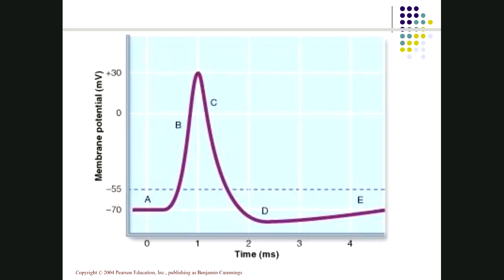So here's another little quiz-like thing. A, B, C, D, E. So which one of these is depolarization? Is it A, B, C, D, or E? Depolarization. It's B. Which one of these is hyperpolarization?